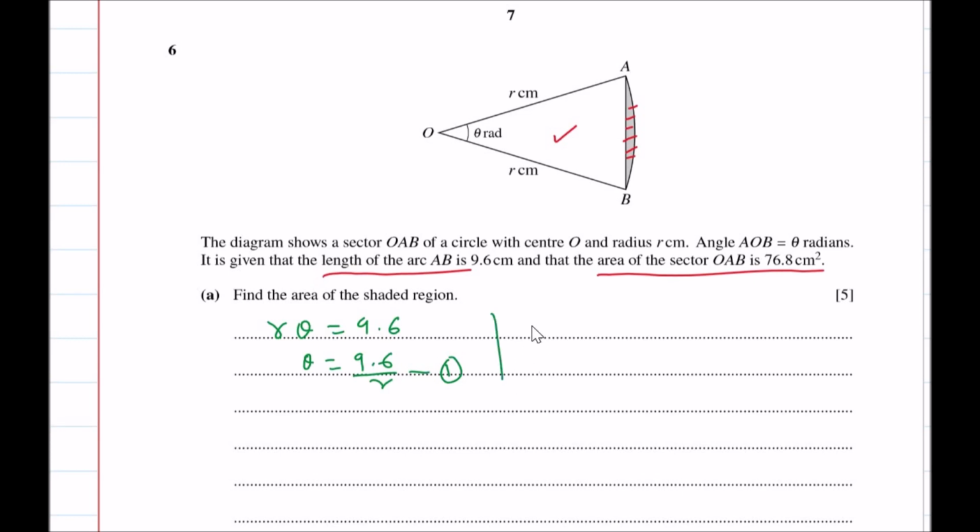Next part. Area of sector is given, 76.8. So half r square theta is equal to 76.8.